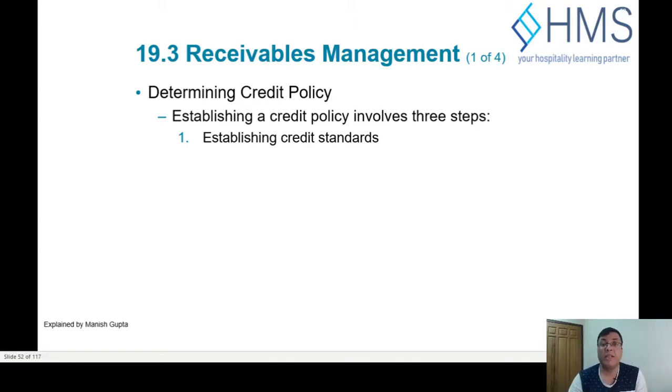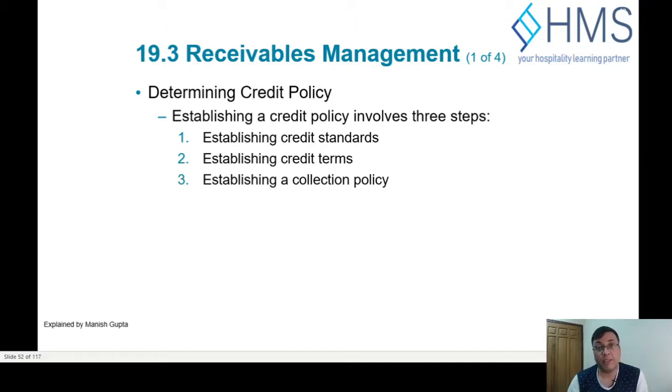Those are called credit standards. Then you establish the credit term: how long, and what the trade cash discount terms are. And then you establish a collection policy: who will collect the money, how fast we are going to collect, and how it will be submitted to the company. So that is the process.